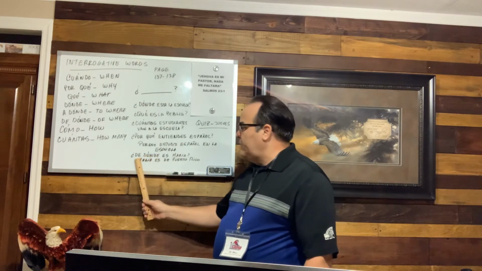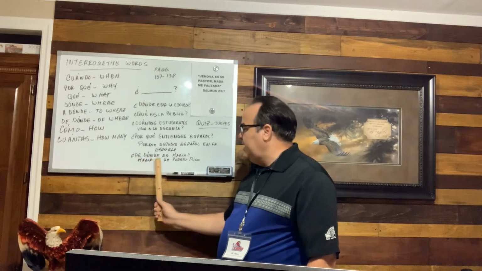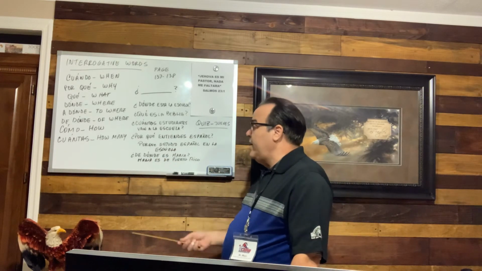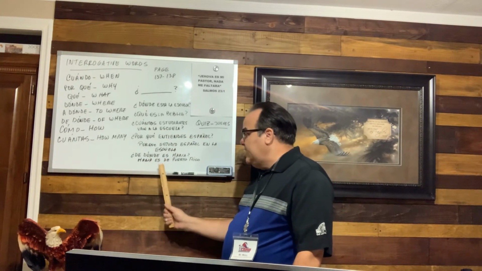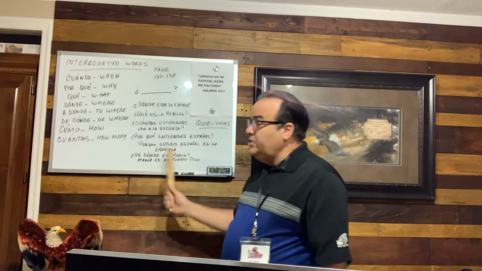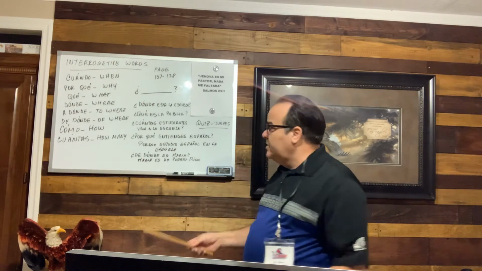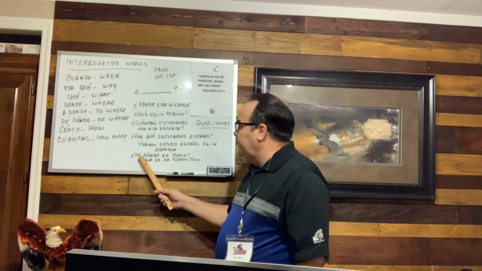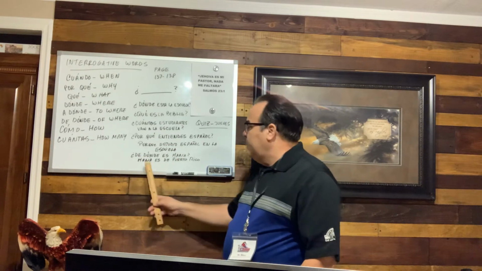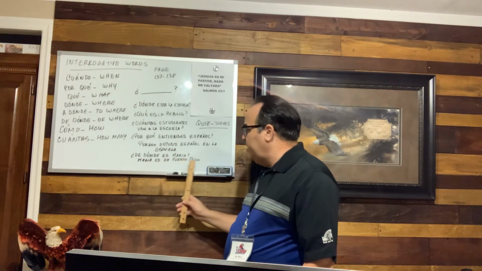And another example of dónde is ¿de dónde es María? Of where is María? María es de Puerto Rico. María is from Puerto Rico. So normally when you ask de dónde, that means where she comes from. Where did she come from? María es de Puerto Rico.